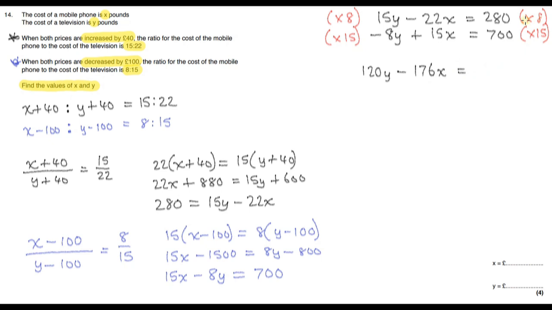And then on the right hand side, 280 times 8, 0 times 8 is 0, 8 times 8 is 64, and then 2 times 8 is 16, plus the 6 is 22, so 2240.